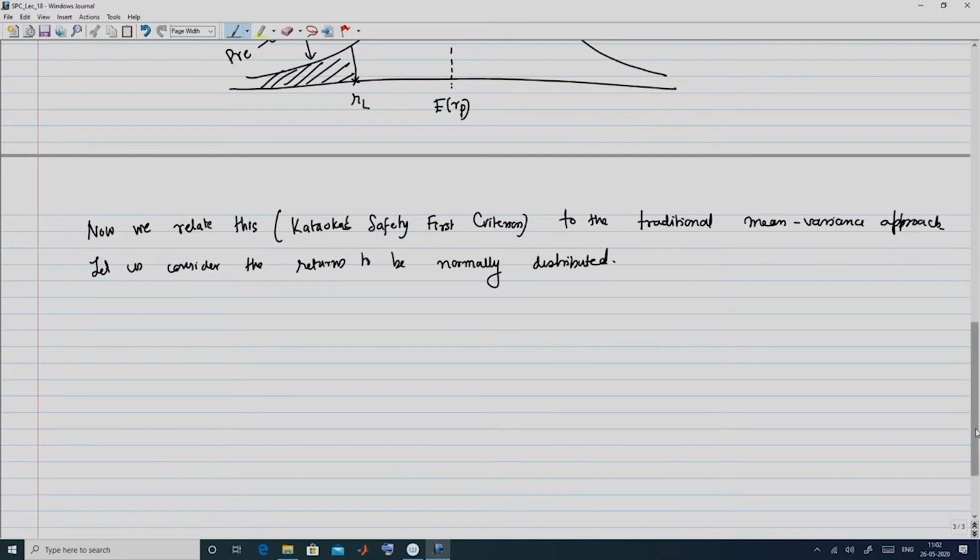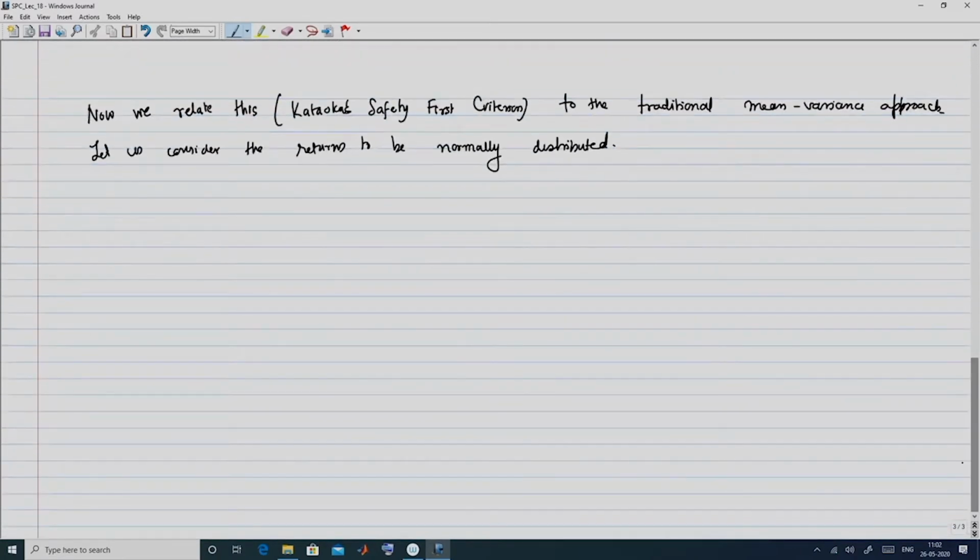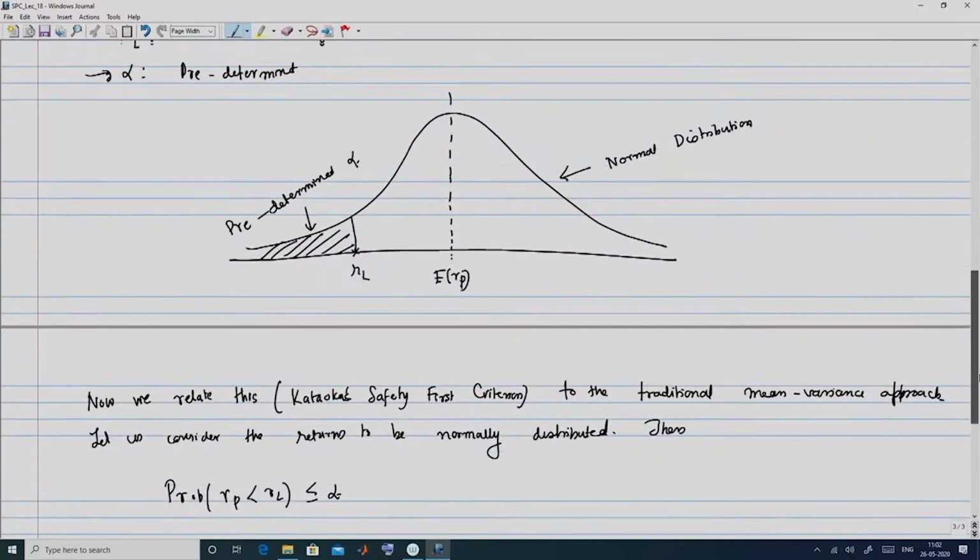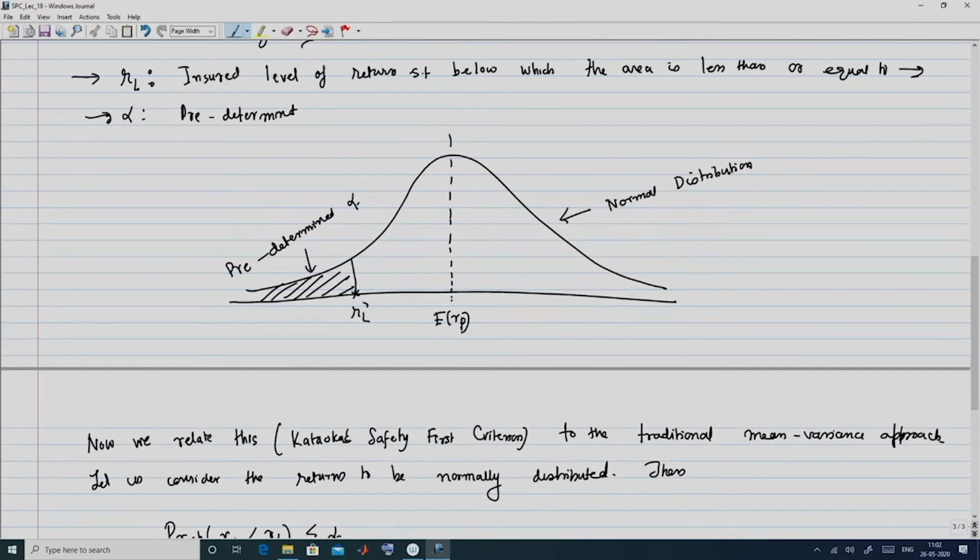So we have already considered this in this figure, that they are normally distributed. So then what happens? Accordingly we can observe that we are interested in the probability of the return of the portfolio being less than the insured level. We want this probability to be less than or equal to alpha. So coming back to this normal distribution, this means that the insured level RL is that level such that below which, to the left of it, the area under the curve is going to be less than or equal to alpha.